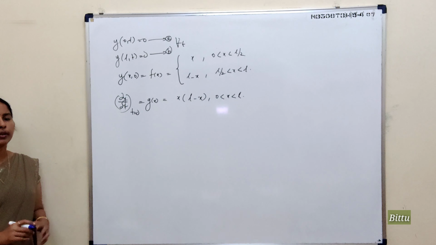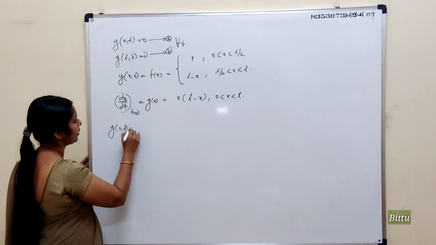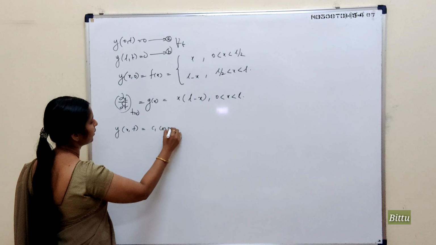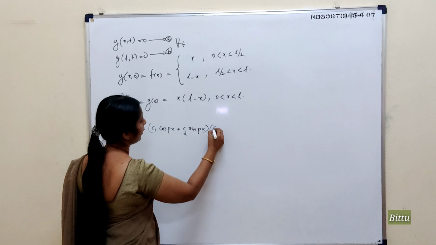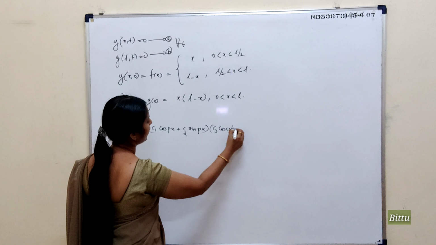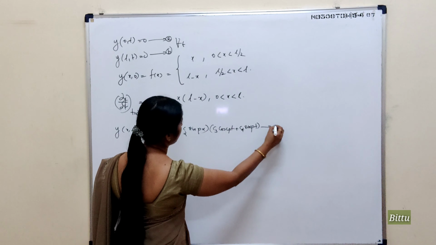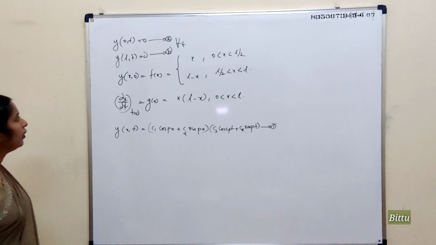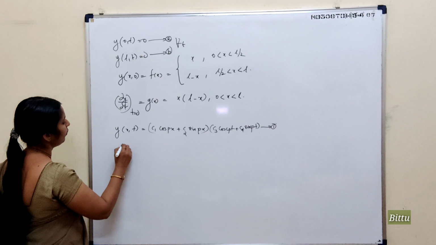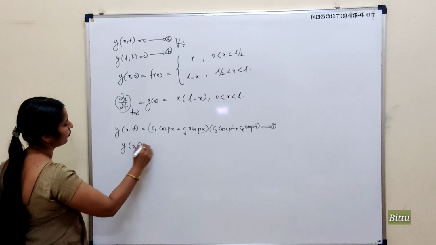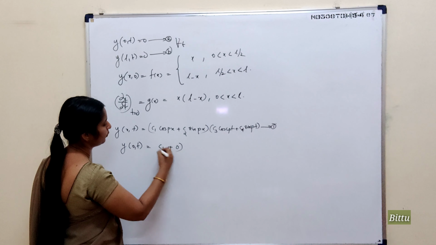Next, we have to apply these conditions in the solution of the wave equation given by y of x,t is equal to (c1 cos px plus c2 sin px) into (c3 cos cpt plus c4 sin cpt). That is equation number 1. By applying condition A in 1, we have to write y of 0,t. You put x equal to 0, so this term is c1 plus this term is 0.